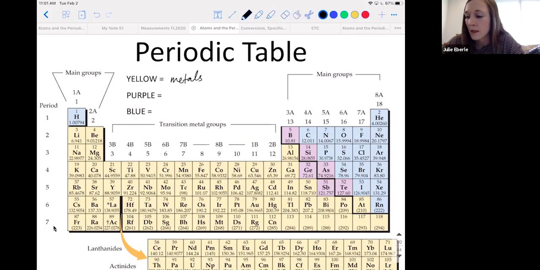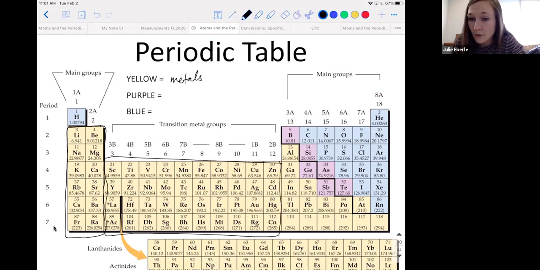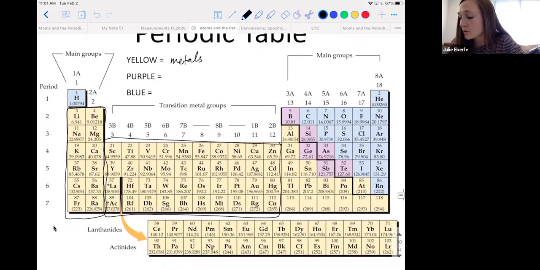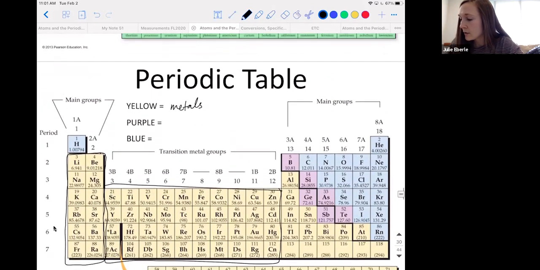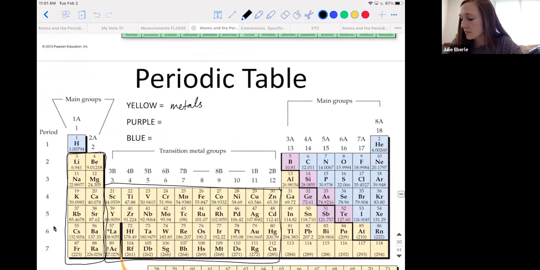So notice any of these things over here in main group 1 and 2, these are main group elements, but they're also metals. And then we have this whole other section that were the transition metals. They are also metals. And we'll discuss, like I said, more how main group metals are different from transition metals, but they're all metals. Purple, anybody know what the purple section's called?